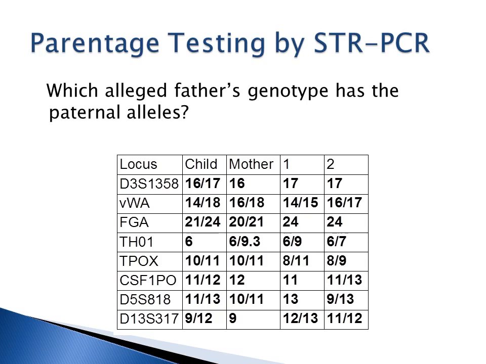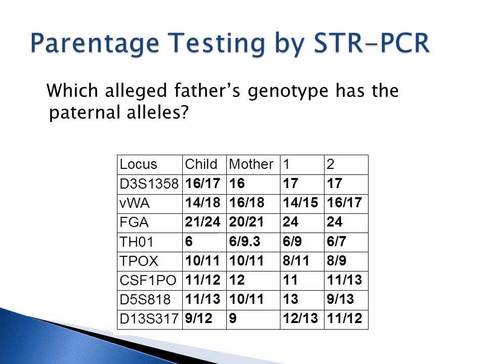However, just looking at this one locus isn't enough to say that number 1 is the biological father. You would have to look at numerous loci, because the more loci you look at, the lower the probability that some person randomly chosen would have the same genotype. When you look at the FGA locus, again, both fathers have the same genotype, so you wouldn't be able to really use that locus.